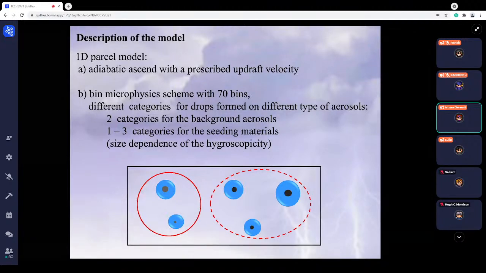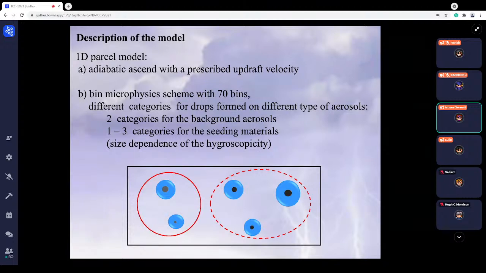So we made two different categories in the case of the background particles, because we have different hygroscopicity for the fine particles and the coarse particles. And depending on the seeding material, we have 1 or 3 categories for the drops formed on the seeding materials. It depends on how many different types of hygroscopicity are used for the seeding material.